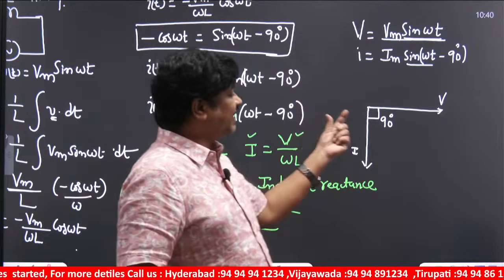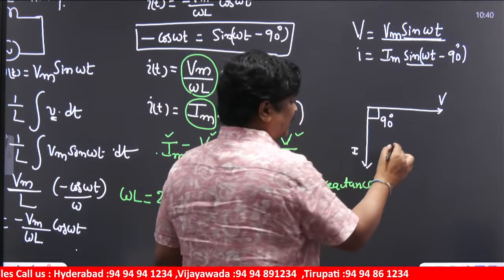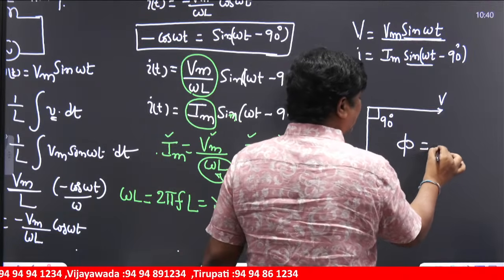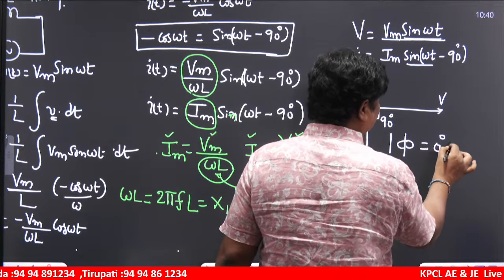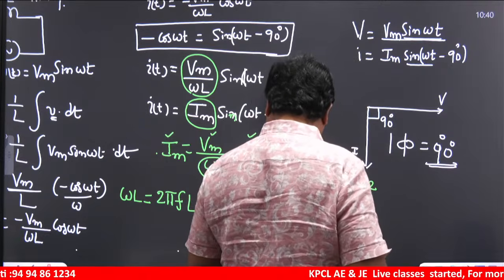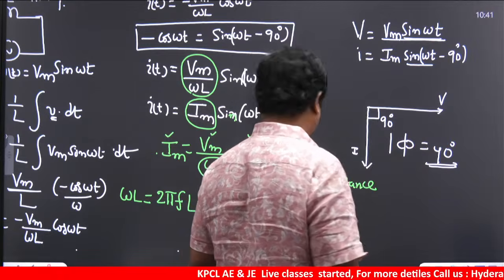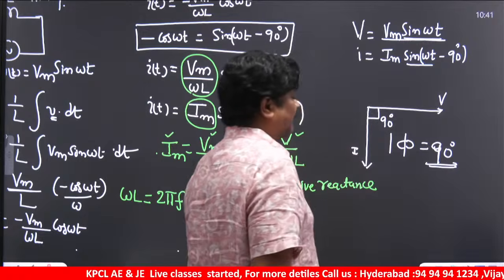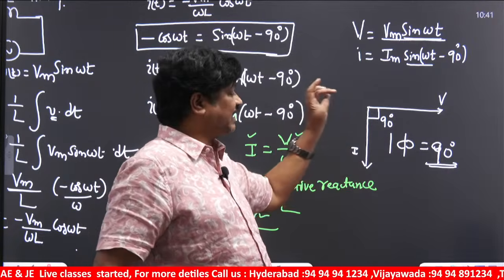The angle phi between voltage and current in a pure inductor is equal to 90 degrees, and the current lags the voltage by 90 degrees.